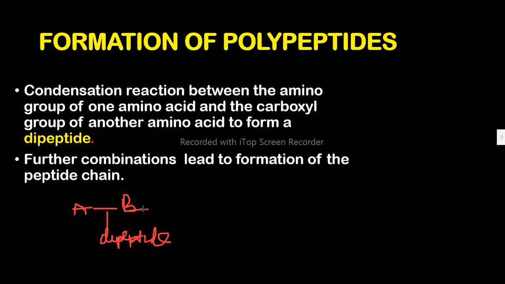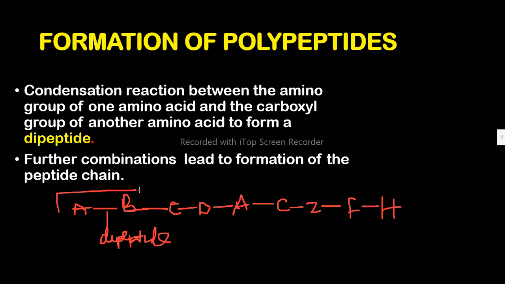But if you have further condensation, and amino acid B condenses with C, C condenses with D, D condenses with B, A condenses with C maybe, there is no order. Maybe here you add Z, maybe here you add F, maybe here you add H. So further condensation of these amino acids, then we shall form a polypeptide chain.